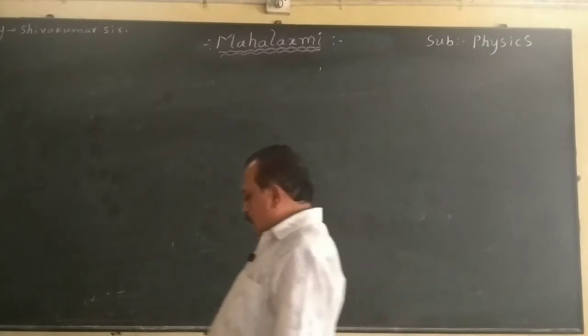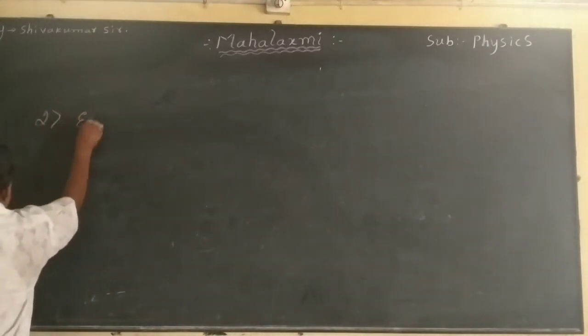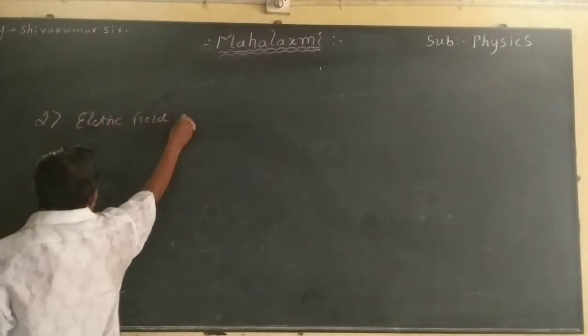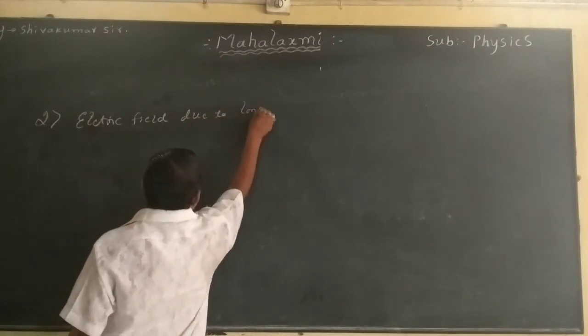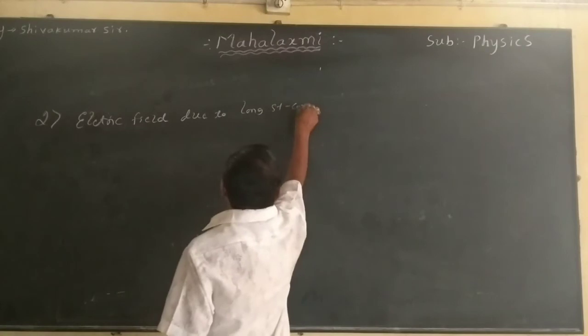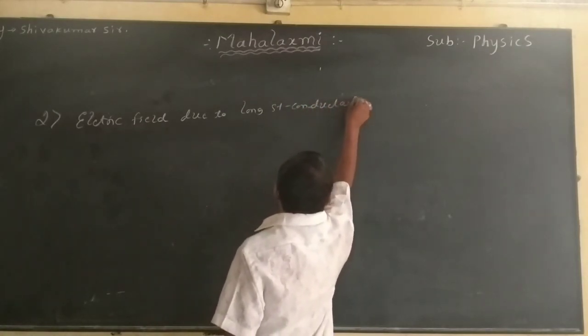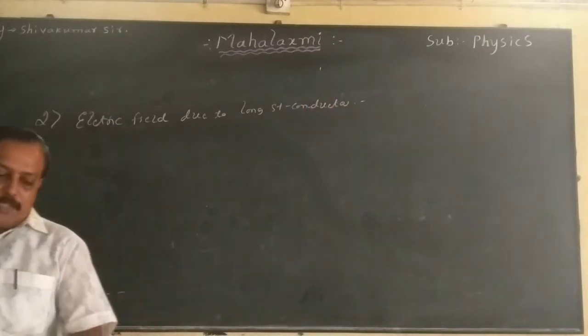Then I go for the next important derivation, that is the second one, electric field due to a long straight conductor of infinite length.